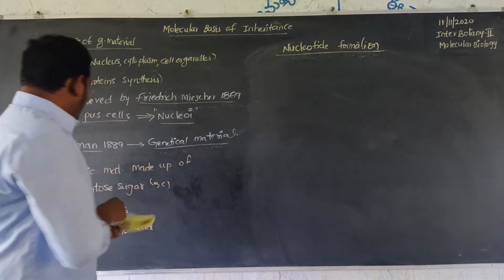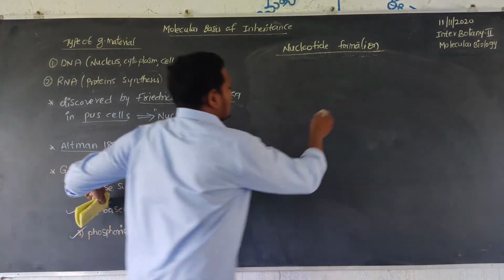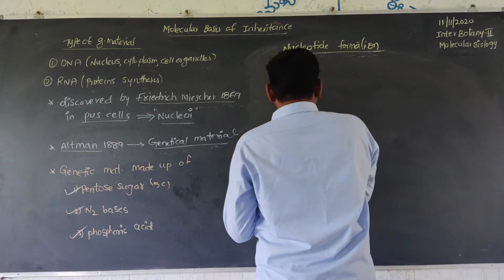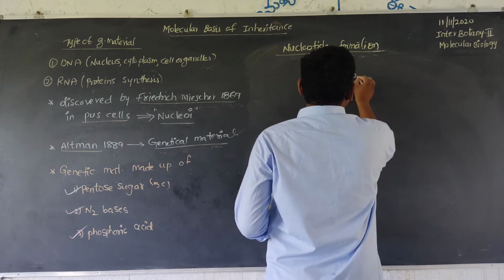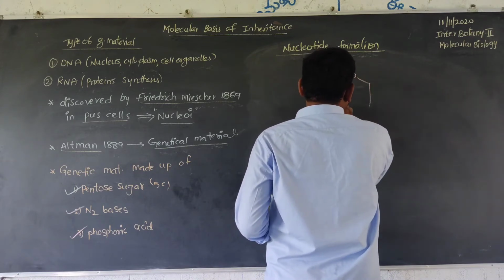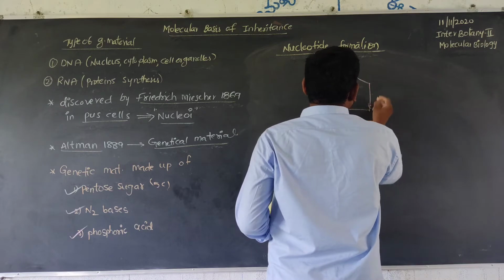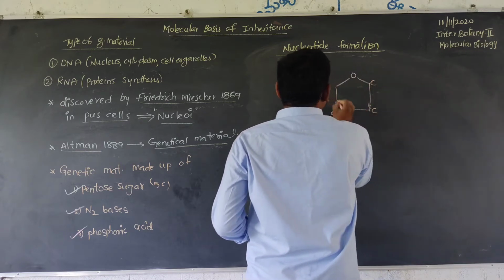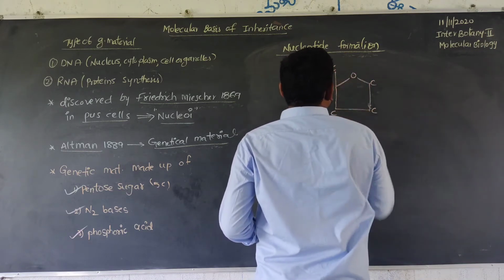First of all, pentose sugar. We need pentose sugar. Carbon number 1, carbon number 2, carbon number 3, carbon number 4, carbon number 5.